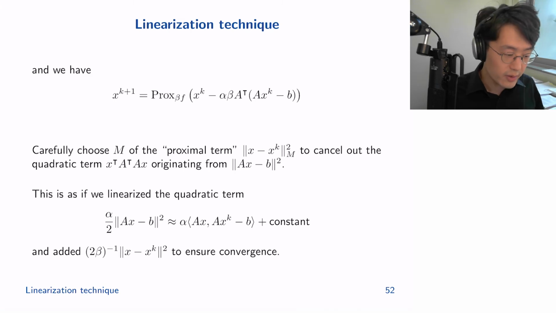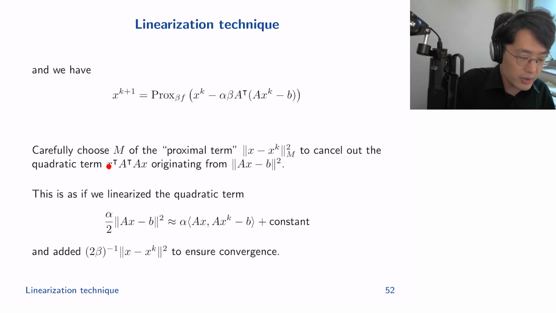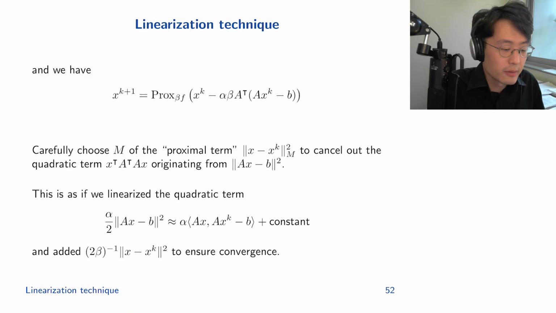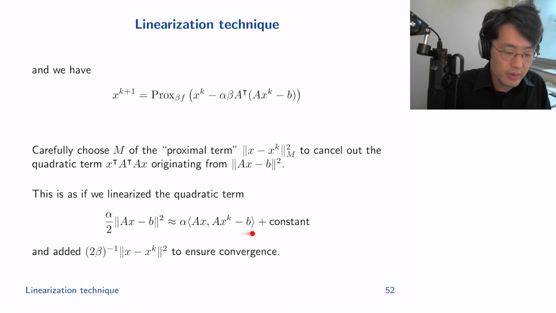So to reiterate what the idea is, we carefully choose the metric matrix M in the proximal term so that we are able to cancel out this quadratic term, x transpose A transpose A x, this inconvenient quadratic form which originated from this term. When we carry this out, the result is as if we linearize this quadratic term. This quadratic term is inconvenient because it produces the x transpose A transpose A x quadratic term.